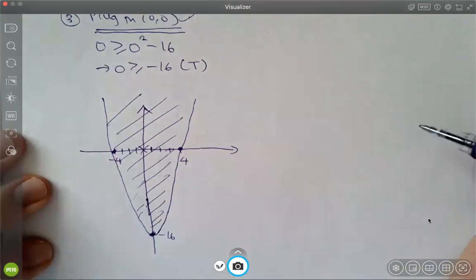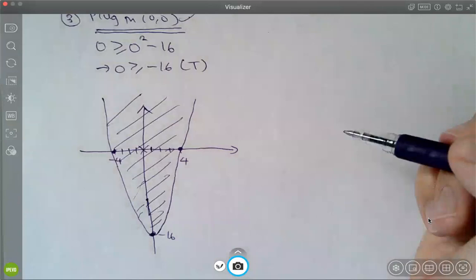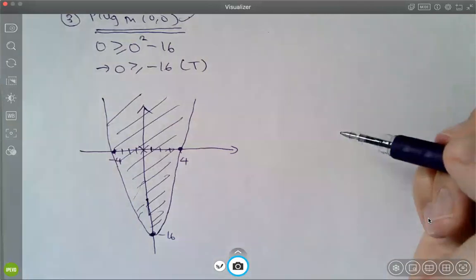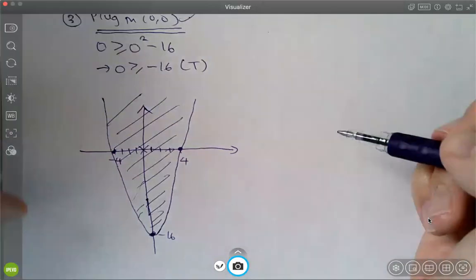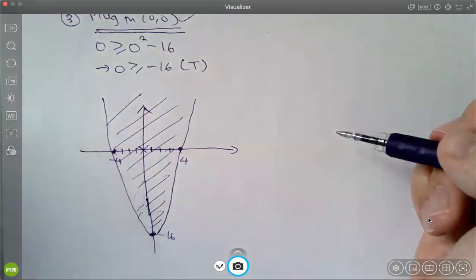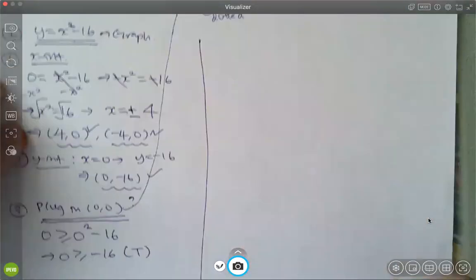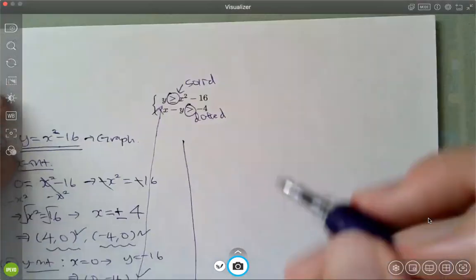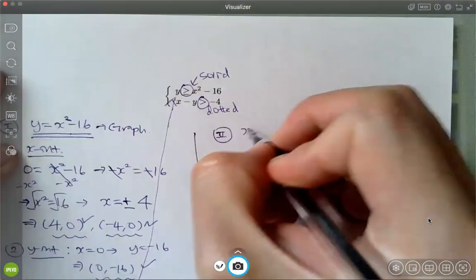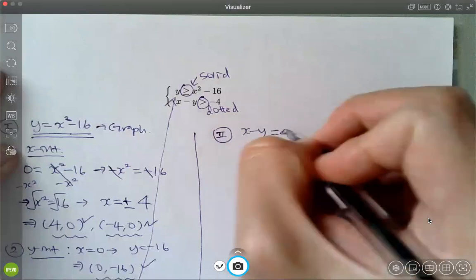So now we did the hard part, and now let's sketch the graph of the line, which is the second equation. Now, can I slide up this paper a little bit? Okay. So now go to the second line. So x minus y is equal to negative 4.